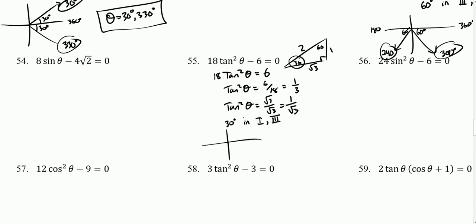So 30 degrees in quadrants 1 and 3. If this is 180, go add 30 to that and you get 210. So theta is 30 degrees and 210 degrees.